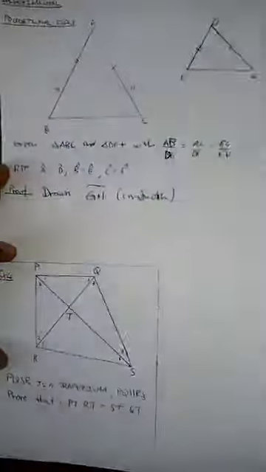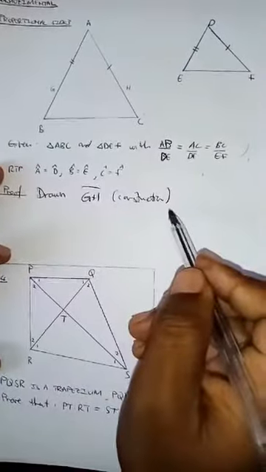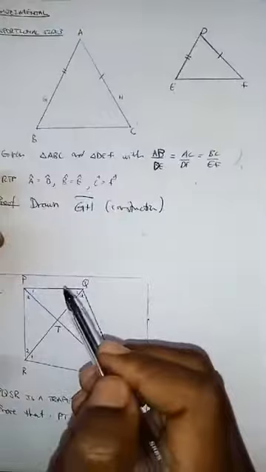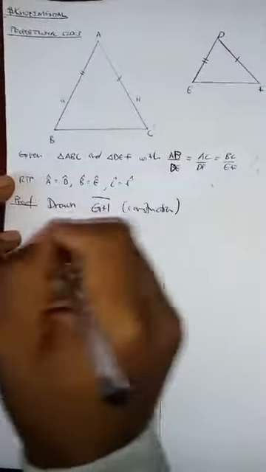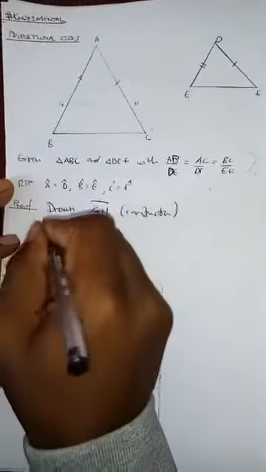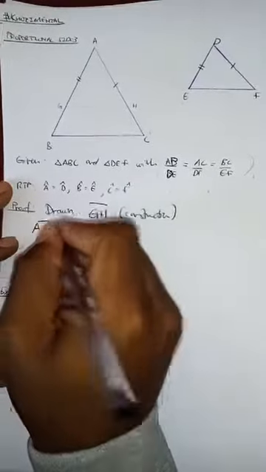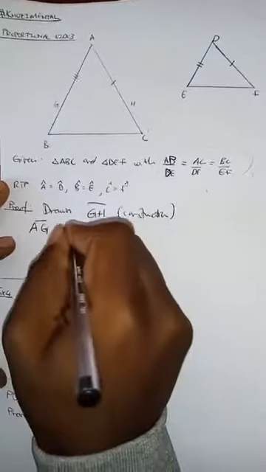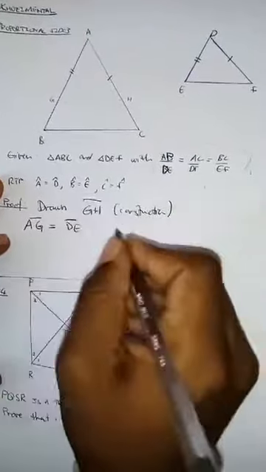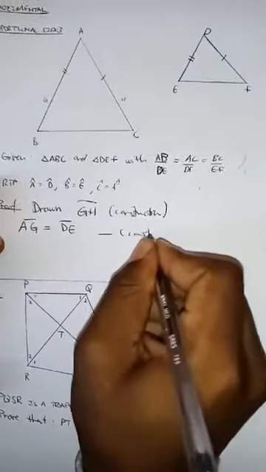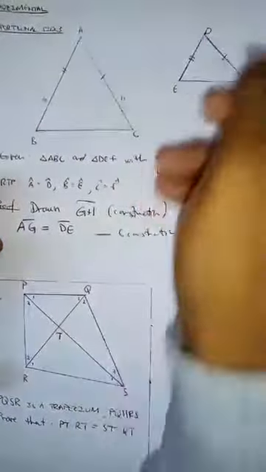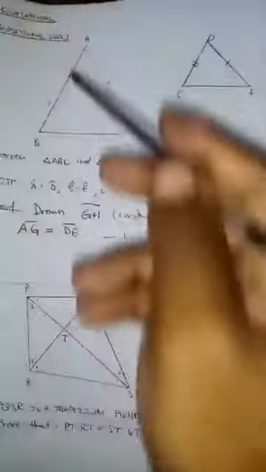So from here, what do we know? From drawing GH, what we have now by construction is that AG should be equal to DE, because we are given triangle DEF, but we were given ABC.